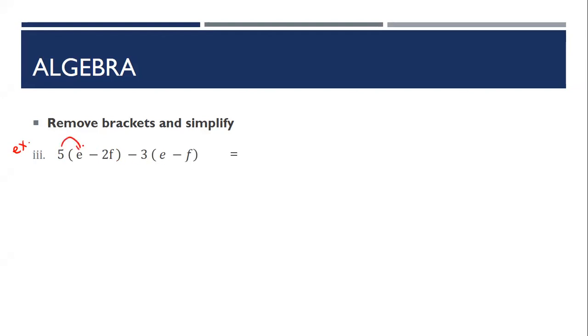Okay, so let's remove the brackets. 5 into e is 5e, and 5 into minus 2f is minus 10f. Minus 3 into e is minus 3e, and minus 3 into minus f: minus into minus is plus, so plus 3f.